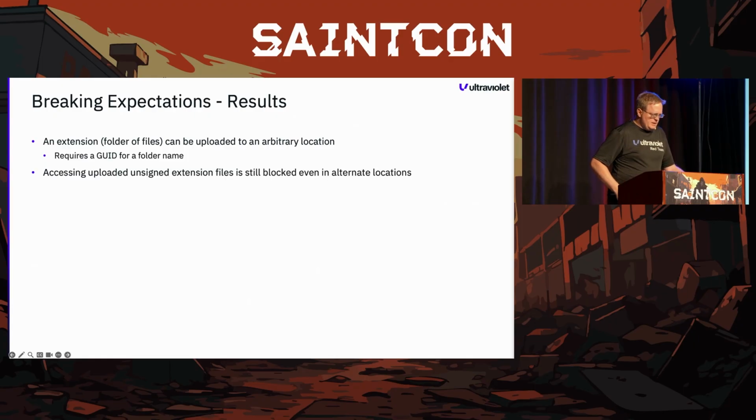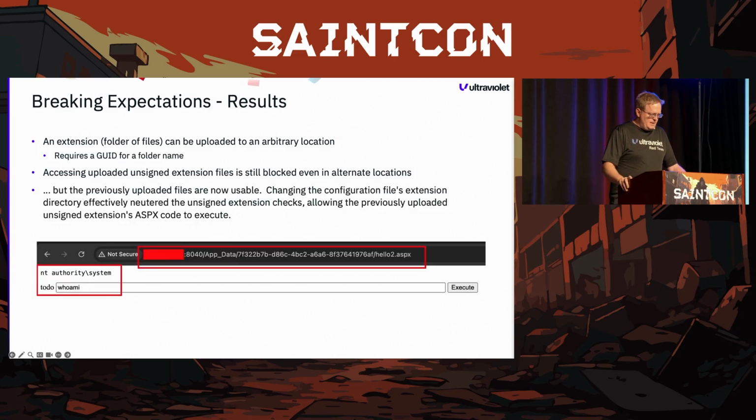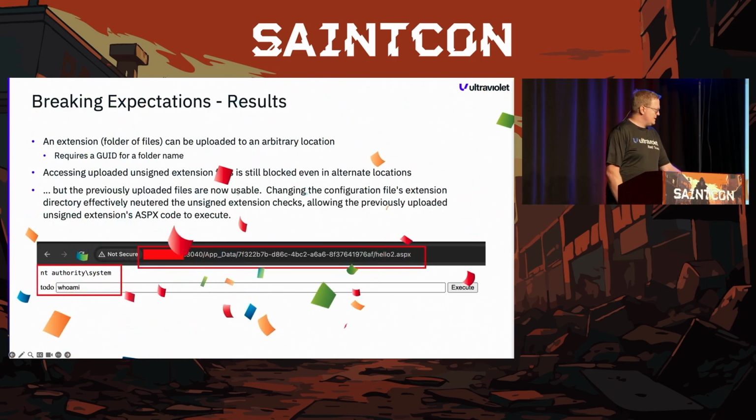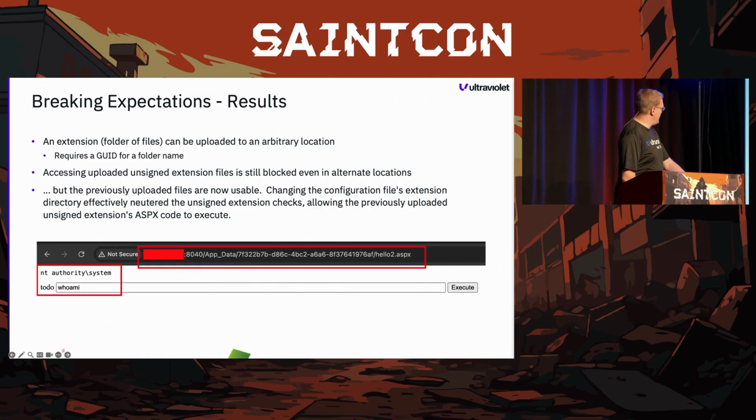Okay. So now that we're able to change the directory, yeah, we can upload, right? But guess what? You upload the files and it's like, nope, sorry, that's still not a signed extension. I'm not going to let you do that. But what about those files that we uploaded previously, right? Let's celebrate that.